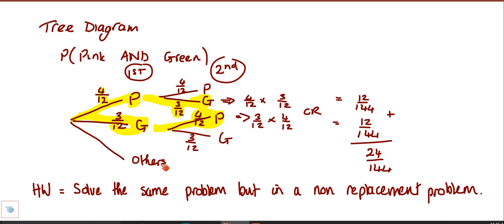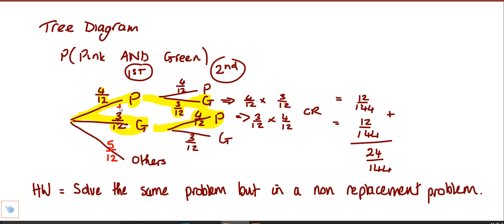Okay? But just to start us off, what would be the probability of getting others? 5 out of 12. You should be able to tell me this without even seeing the bag of marbles. How do you know that? Because 4 and 3 add up to 7.